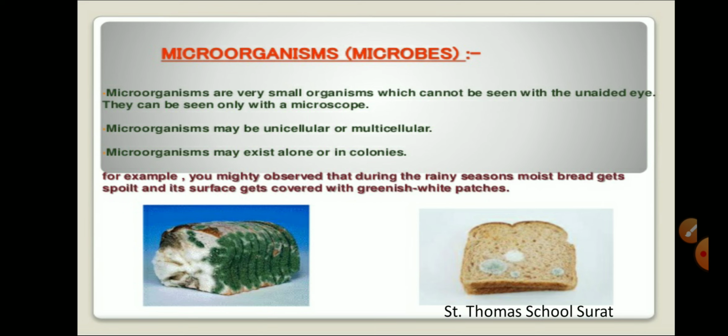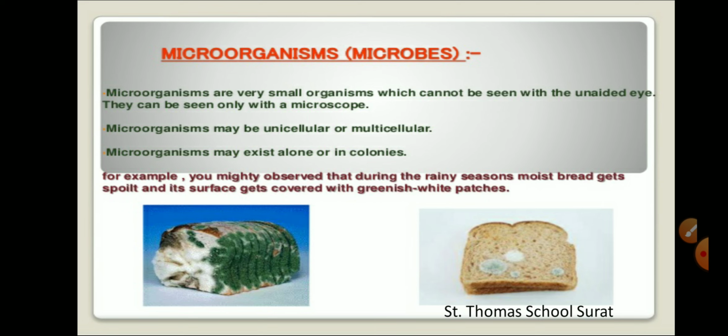Understood? What is a microorganism? Microorganisms are very small organisms which cannot be seen with the naked eyes. They can be seen only with the help of a microscope. I made you understand what a microscope is also. Hope you understood that, isn't it?